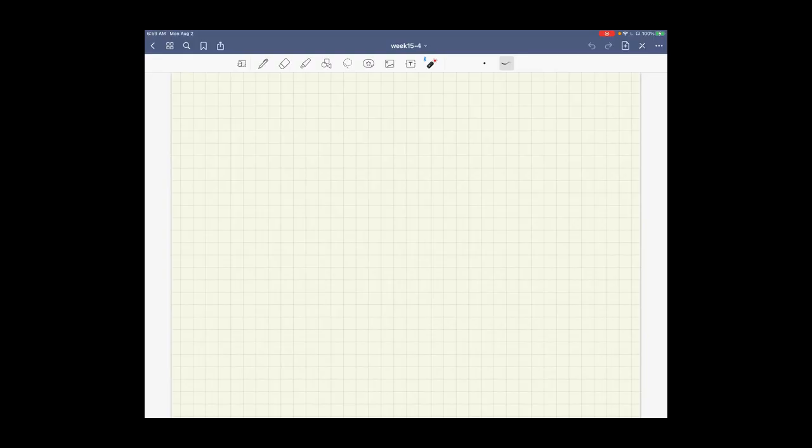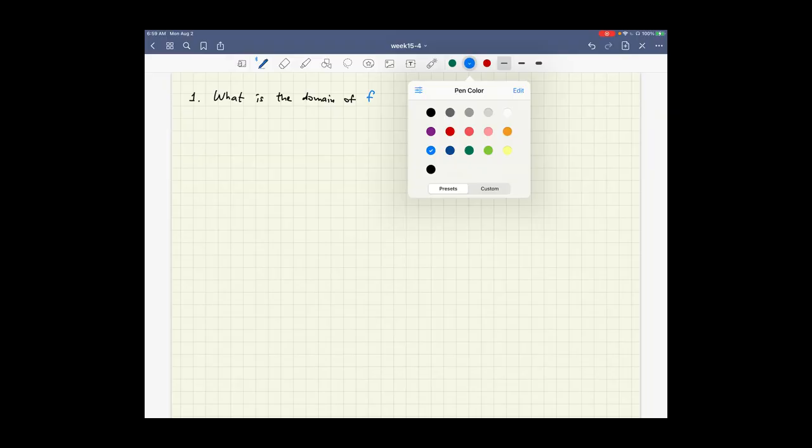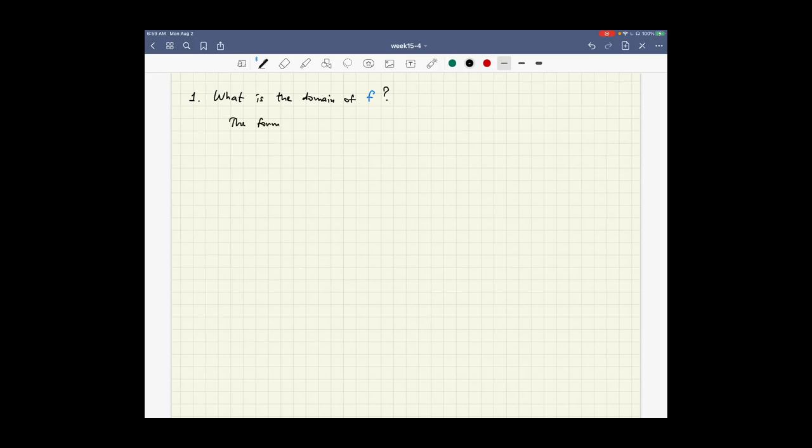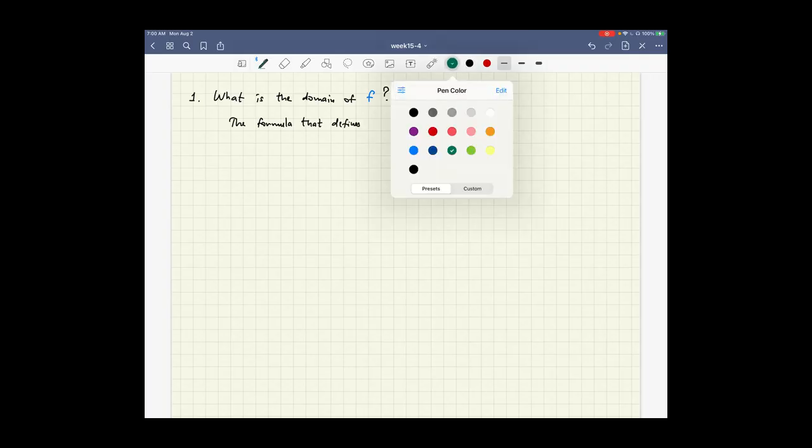So the first question is asking about the domain. Well, that shouldn't be difficult because we know that the formula that defines f makes sense for all those real x for which the denominator is not zero.